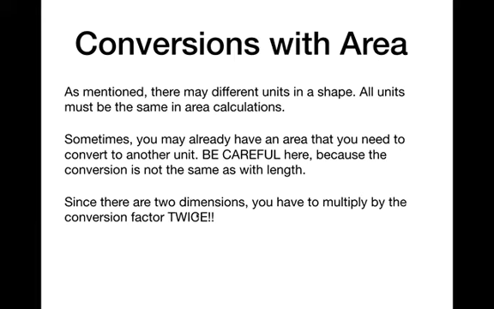I'll show you the example of that in a second. Length was just one dimension, so you just had to multiply by the conversion factor once. Area is two dimensions, like a base and a height. It's the area on the inside, so you'd have to multiply by the conversion factor twice. And if you were thinking of volume, then you'd have to multiply by the conversion factor 3 times.